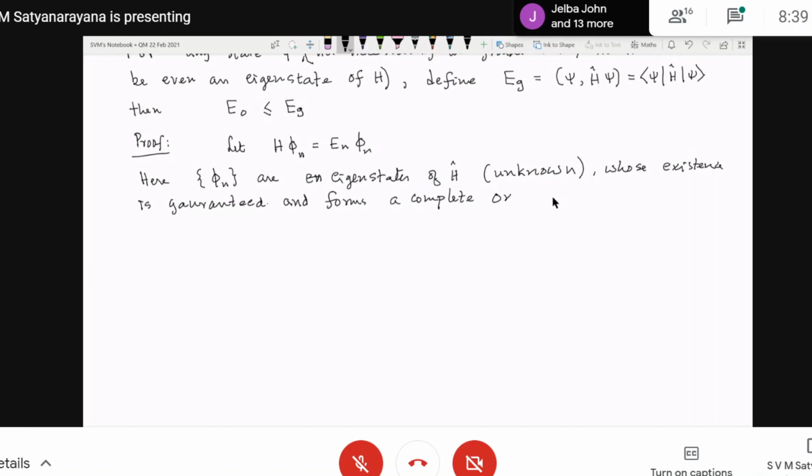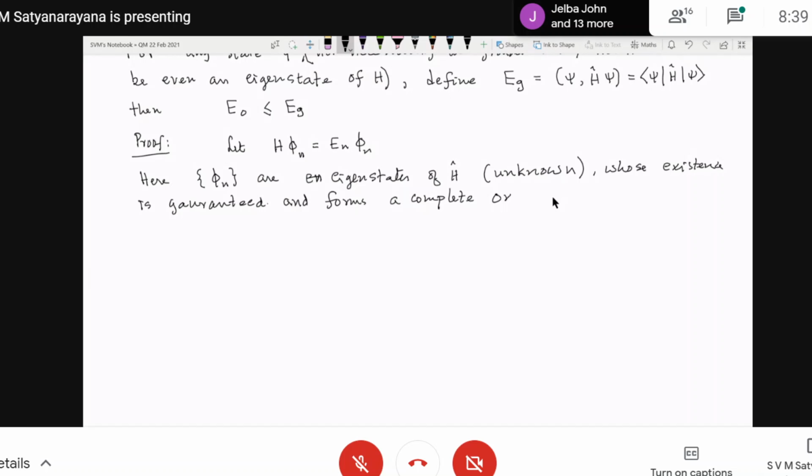Now suppose I am asking what is Eg. Eg is equal to the expectation value of H in the state psi. I think it is a little bad that I am switching back and forth between Dirac and non-Dirac notation, but I am sure you are able to understand.